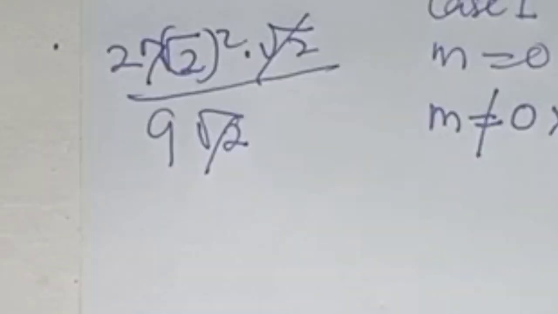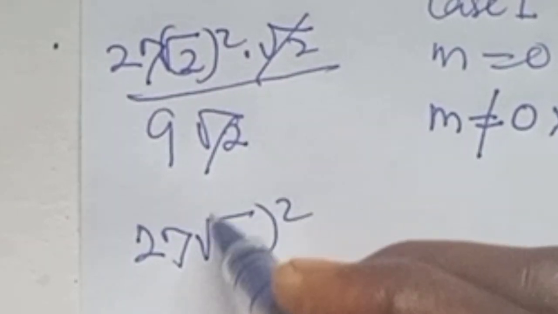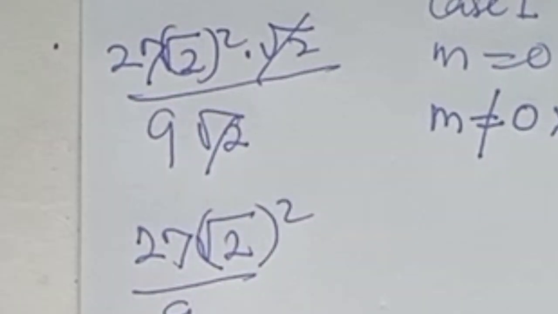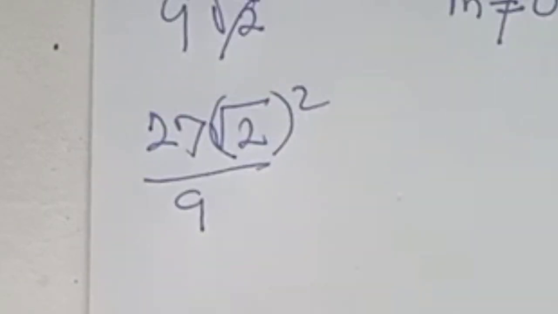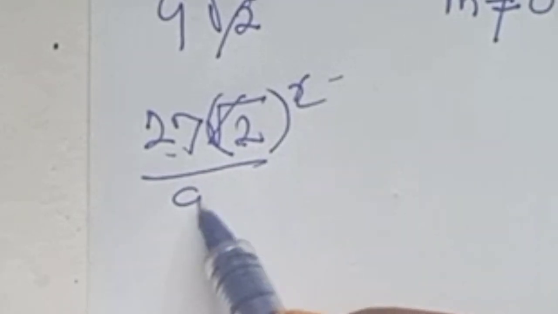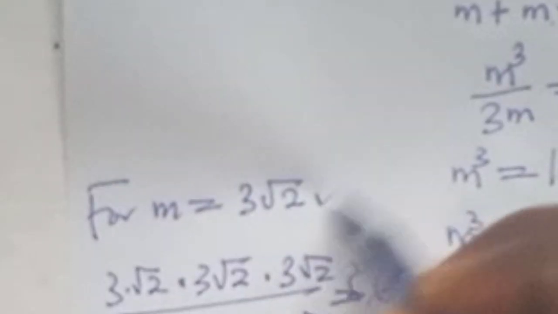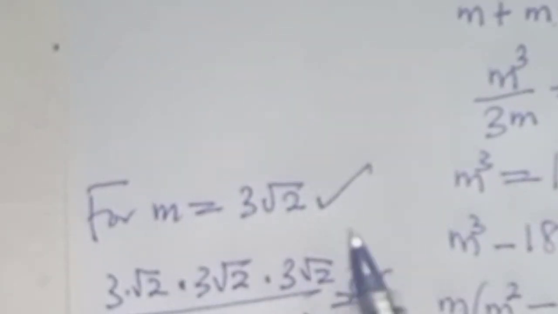And this cancels out. What is left is 27 square root of 2 all over 9. Again, square root and the square will cancel out, what is left is 2. And 27 divided by 9 would give us 3. So the final answer becomes 3 times 2, which is exactly 6. And again, it is true that the value of m as 3 square root of 2 is correct, because it satisfies the equation, the right hand side is equal to the left hand side.